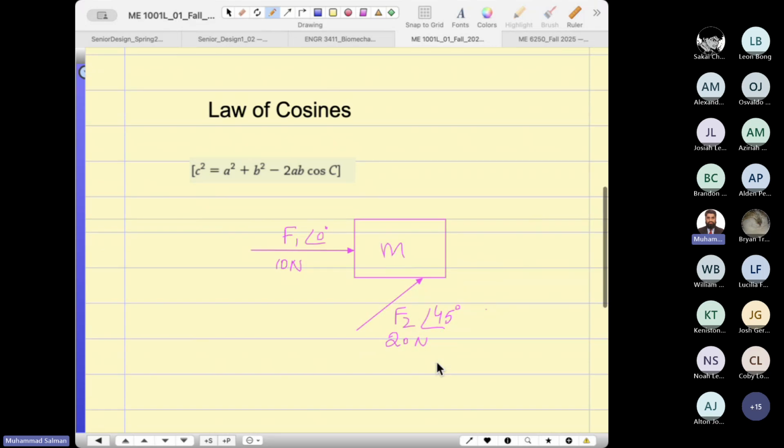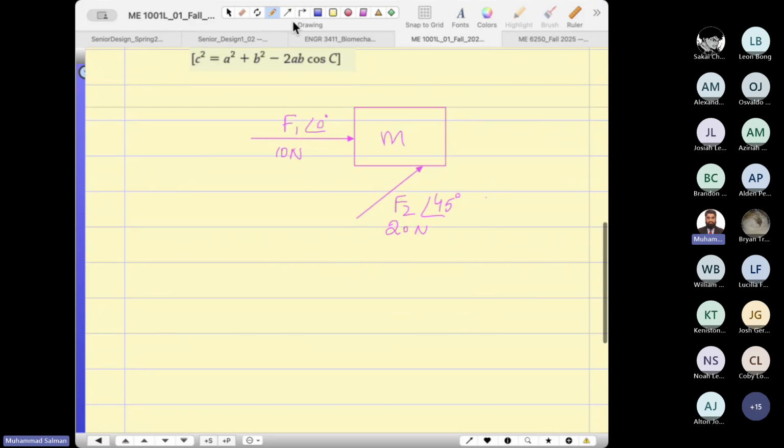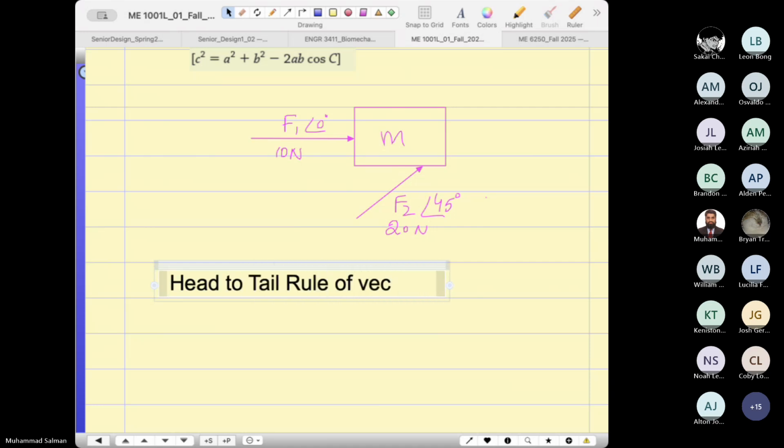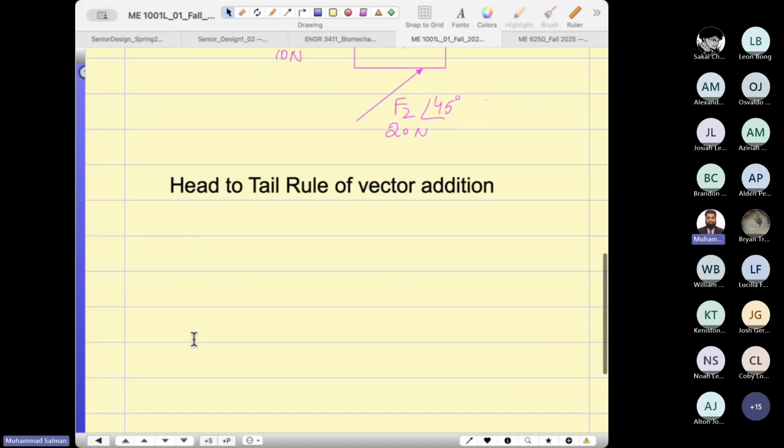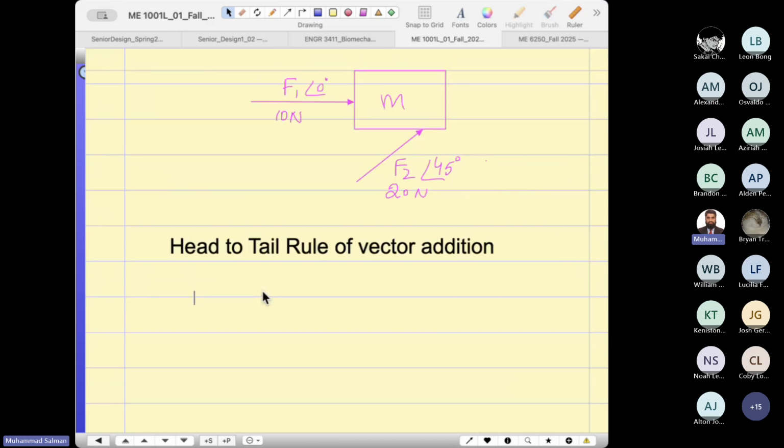Now I want to show you that you can use these two laws. What are those two laws? First of all, the head to tail rule of vector addition. I believe you might have done this in the past, but look at this force 1.